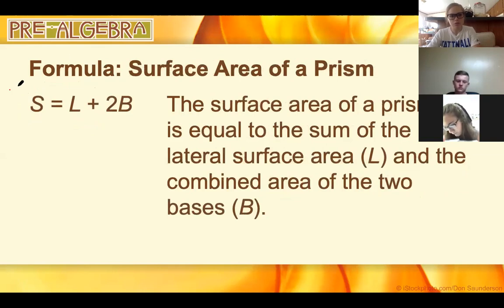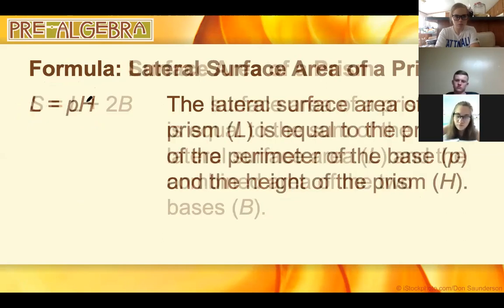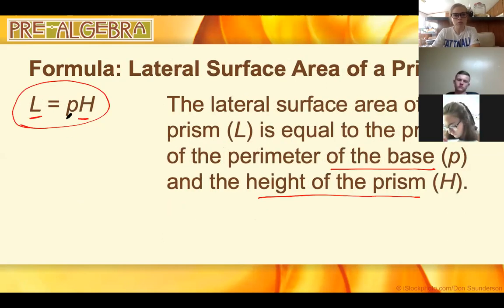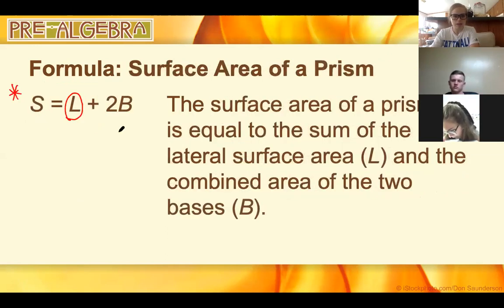And then here's the other formula. The surface area of a prism is equal to L, what does L stand for again? That's the lateral surface area, which, how do you find L? Perimeter times the height plus 2 times B. What does B stand for? Well, that stands for the area of the 2 bases.